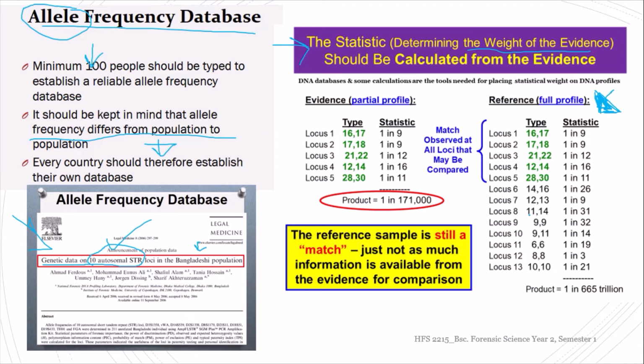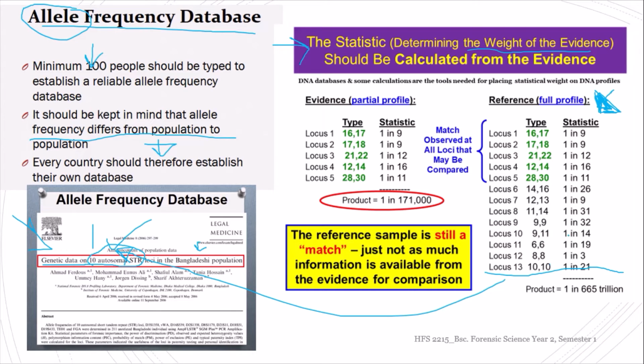So once you're able to get all the loci, like you see, this is a full profile of the 13 STR markers that we have studied in DNA fingerprinting. In this population that was here, you see they did 10 of the STR markers.